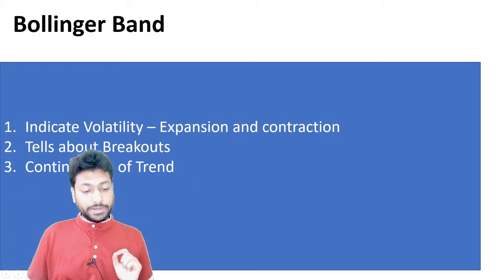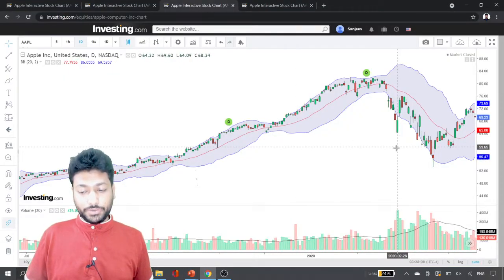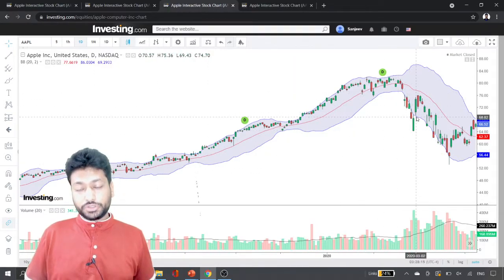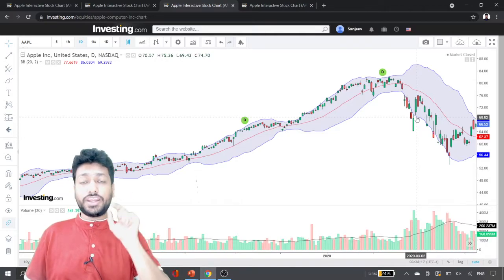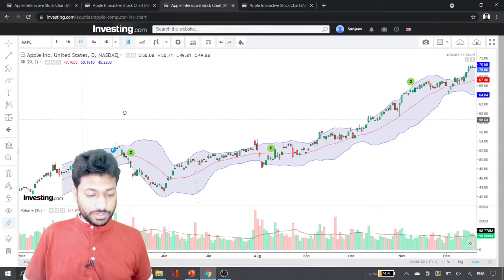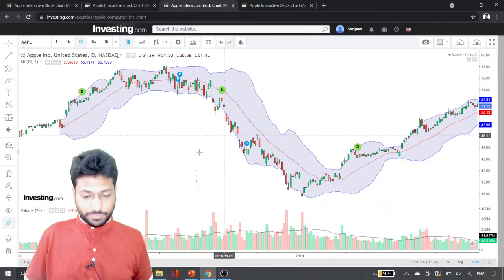Also, the Bollinger Band tells you about the continuation of trend, how the trend is continuing. As you know, let's suppose these prices are decreasing, so the decreasing side keeps on telling you the continuation of trend. And let's find another Bollinger Band which gives us the indication about continuation of trends.